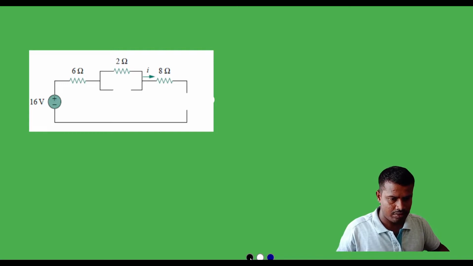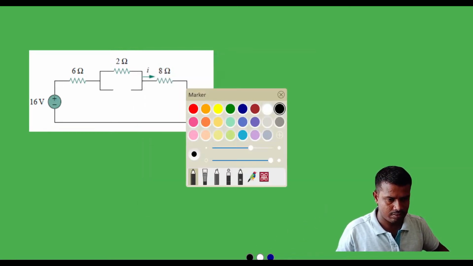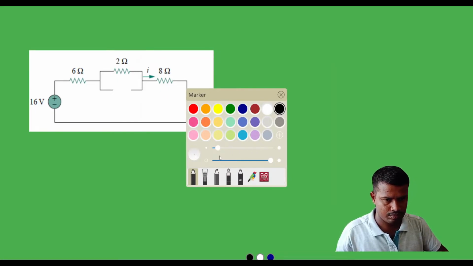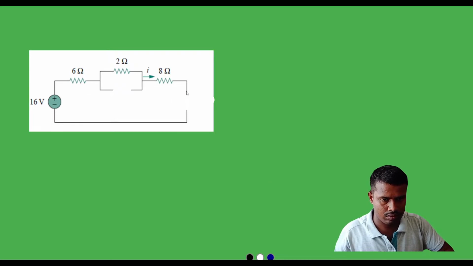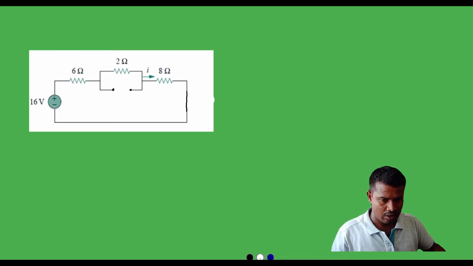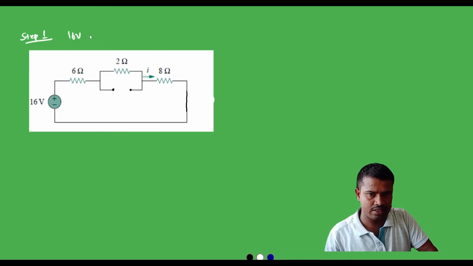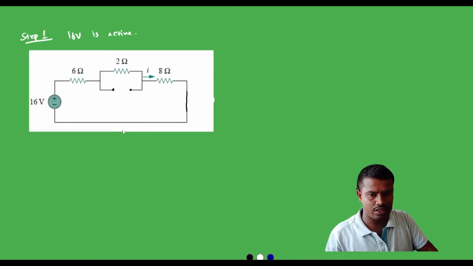Okay, we will do the short circuit. We have done the short circuit and the open circuit. Now, as step 1, the 16-volt source is active and the rest are turned off.